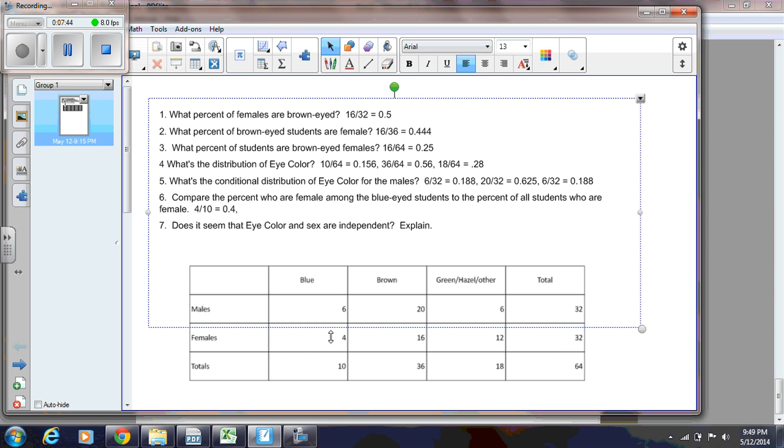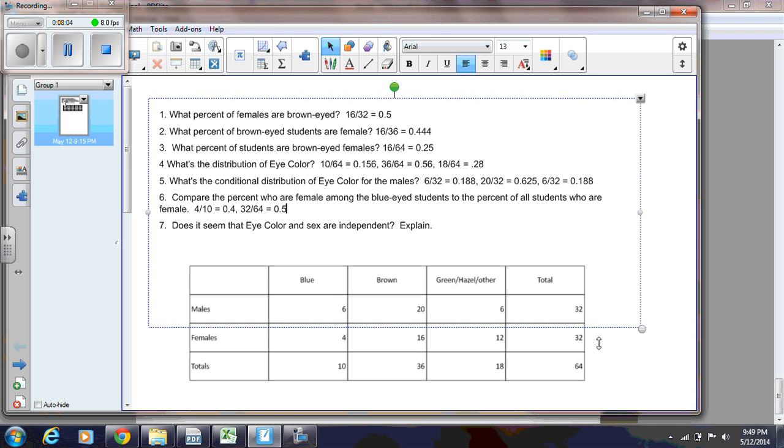So what's the percent of all students who are female? So we're looking at all the females, 32 divided by 64. This is 0.5.